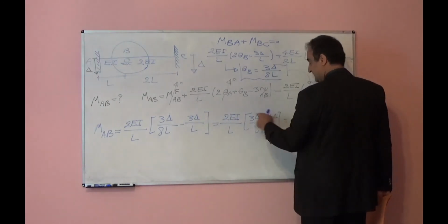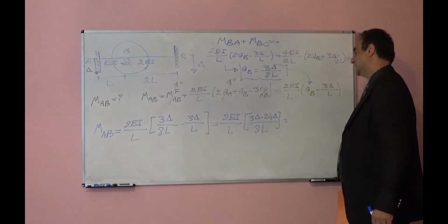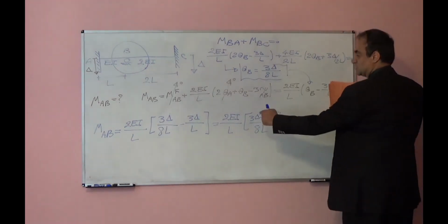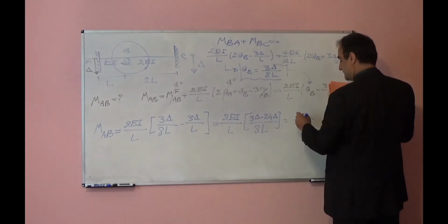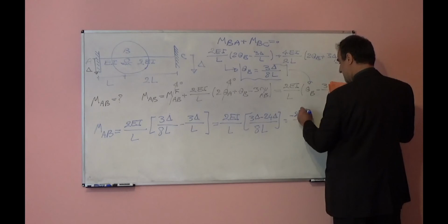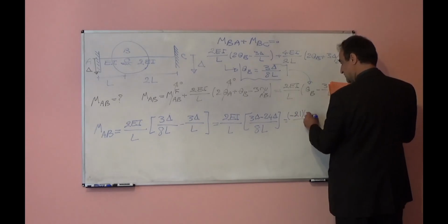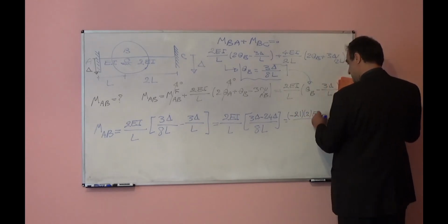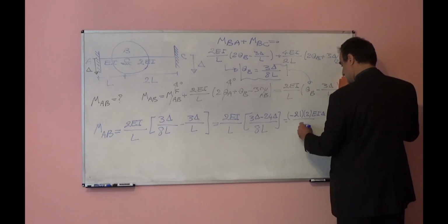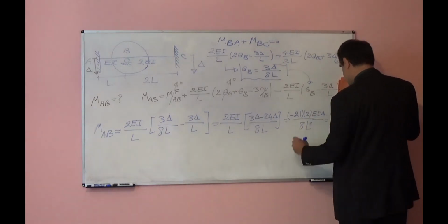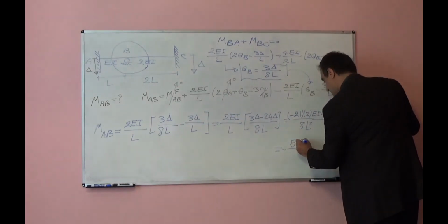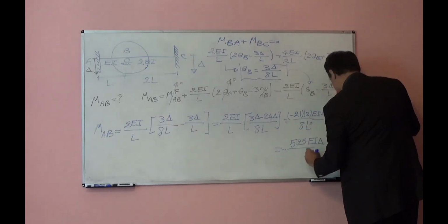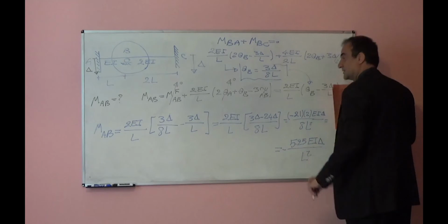This will be negative 21 delta over 8L times 2EI over L, it will be negative 21 times 2 times EI times delta over 8L square. This will be equal to negative 5.25 EI delta over L squared.